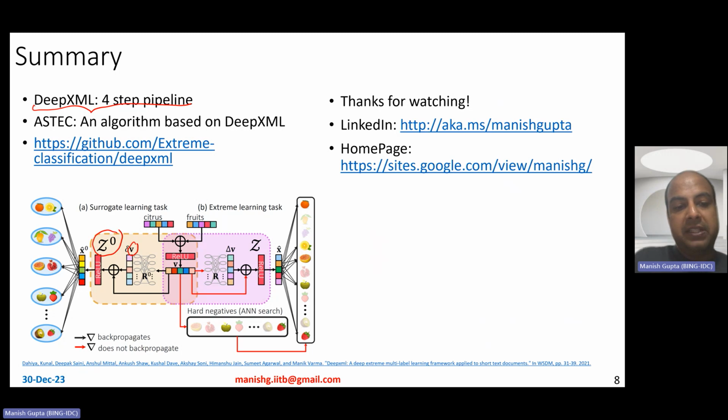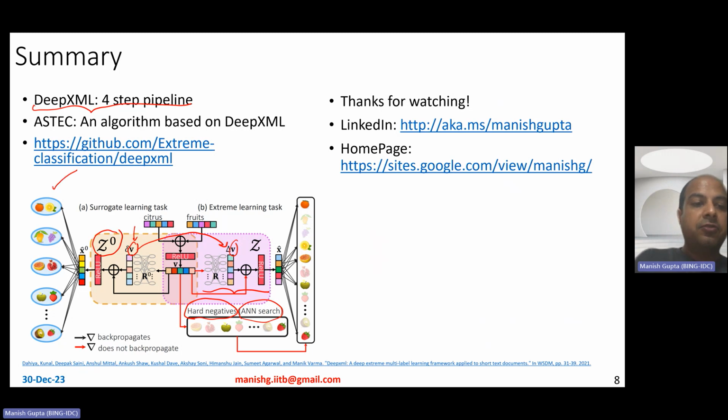In module 2, you take this V and some representation of those labels and create approximate nearest neighbor search indexes. In module 3, we do hard negative mining using this approximate nearest neighbor search. You also do transfer learning by taking the same V and transferring it for the final task rather than just the surrogate task, right?